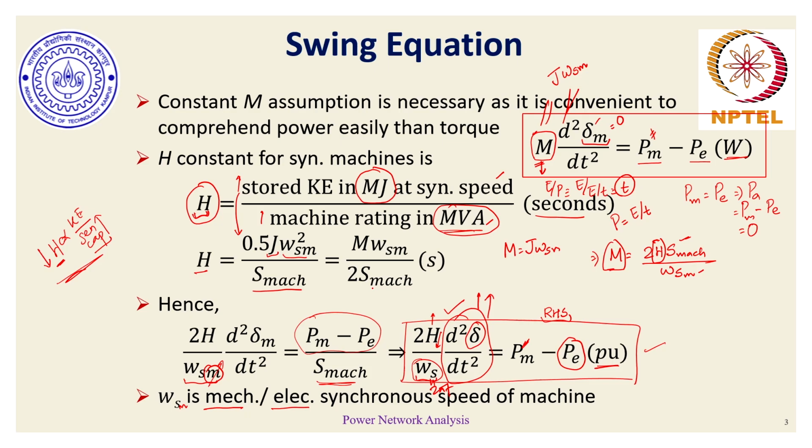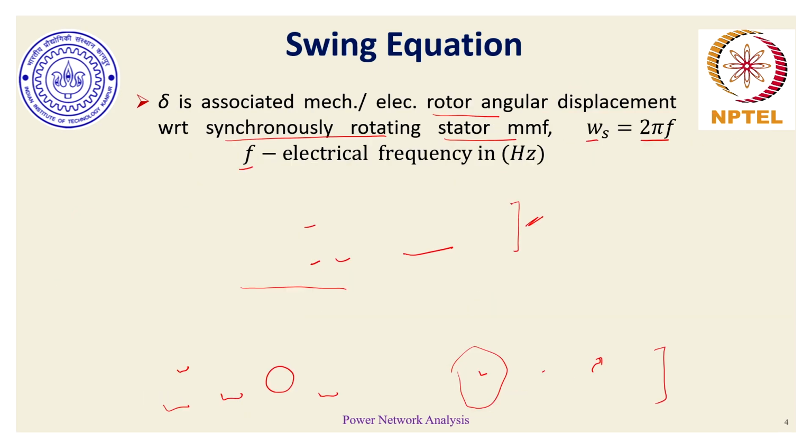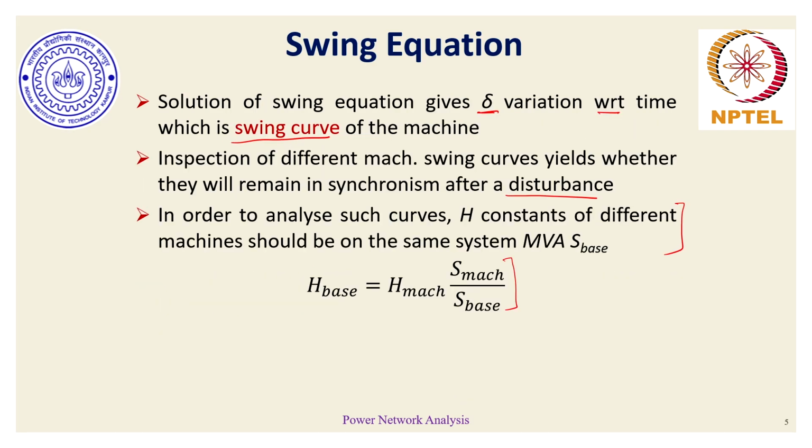H and S mac are inversely proportional. So for maintaining the same system base, if I have to convert the machine H in terms of a common system base MVA S base, then I have to essentially maintain the product of H mac and S mac, because H and S are inversely proportional. So the product should remain uniform, and that's how this conversion of H can be made for respective machines on a common system base.